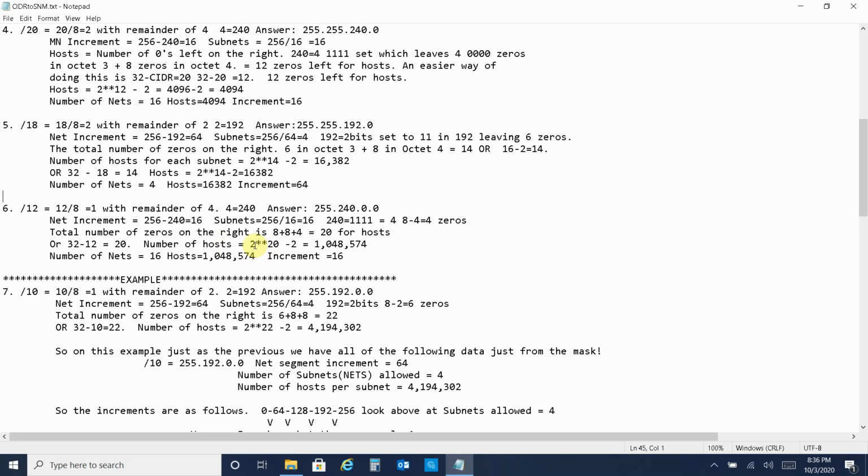The number of hosts is 2 raised to the 20th power minus 2, which is 1,048,574 hosts for each of these networks, and there's 16 of them. And the increment is 16 between the networks.